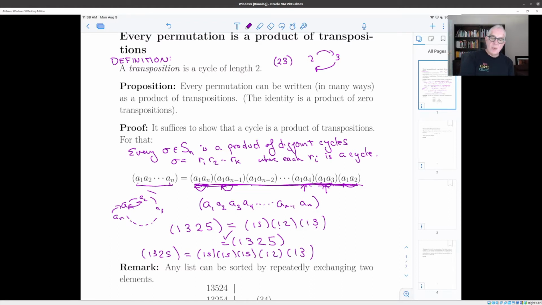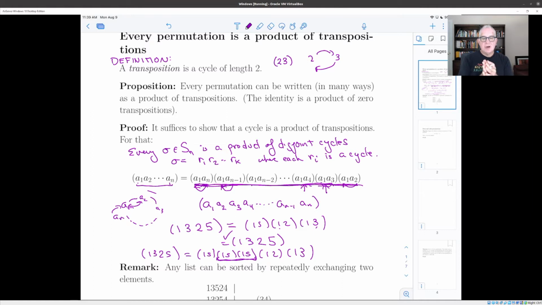And of course, if you do (1 5) three times, you flip 1 and 5, then you flip 1 and 5 back, then you flip 1 and 5 again. It's the same as (1 5). Another way to think about it is the product of two of these permutations is the identity, and so they cancel out. So you can always stick a bunch of duplicates into your product of transpositions and get another product of transpositions which gives the same permutation.